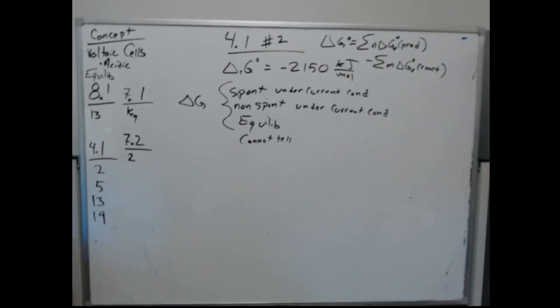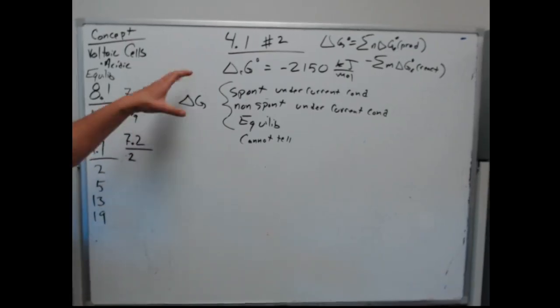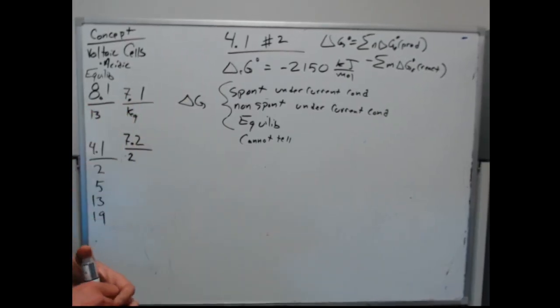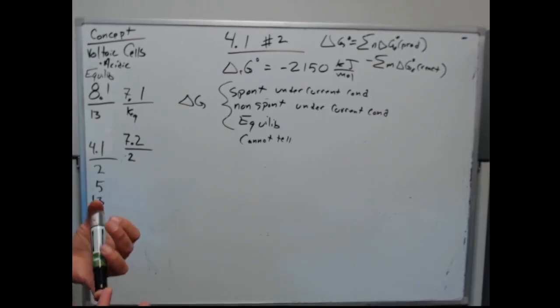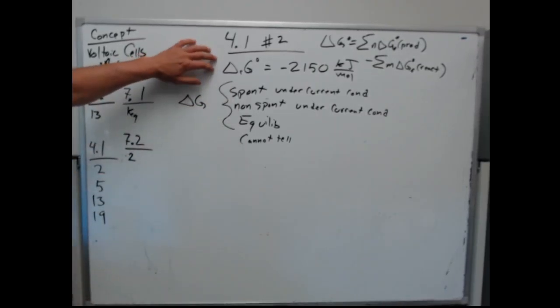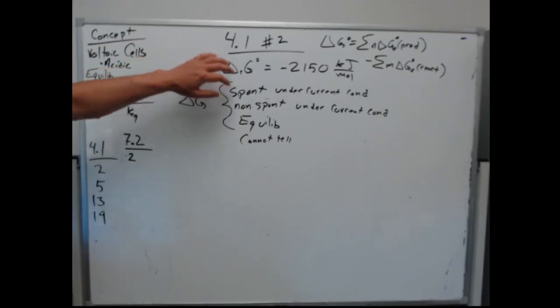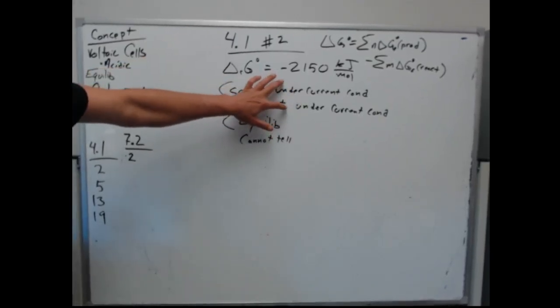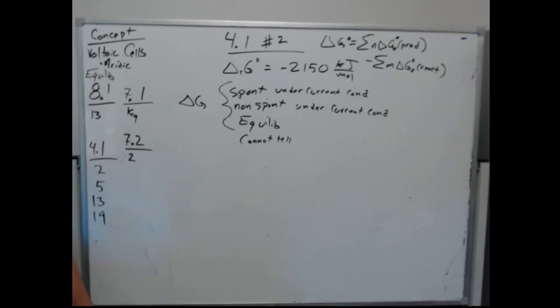So without knowing how the chemical reaction is written down, not knowing the initial conditions of it, we can't really say if it's spontaneous or non-spontaneous. We can say if it was set up at standard conditions, right? It essentially comes down to this defining of under current conditions, because we don't know what current conditions are talking about.